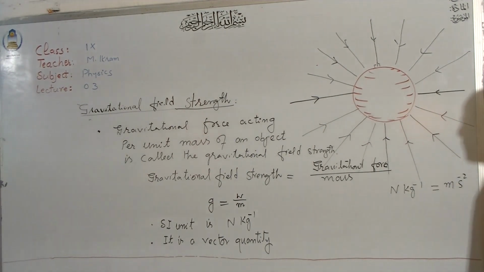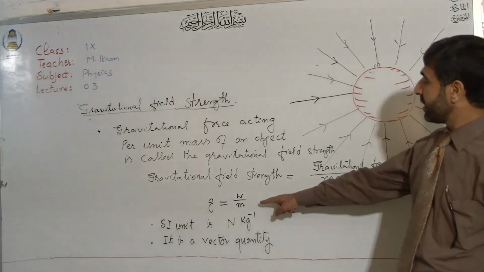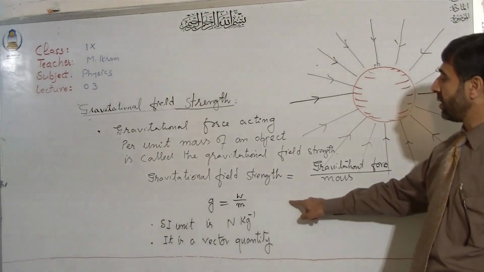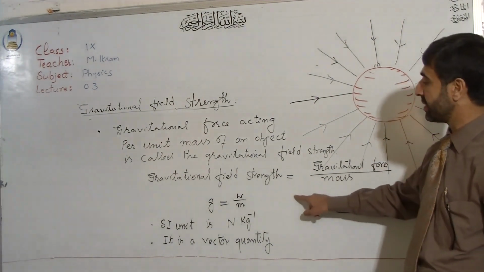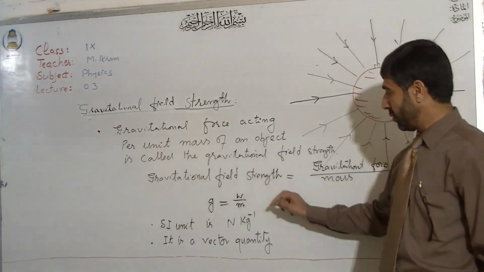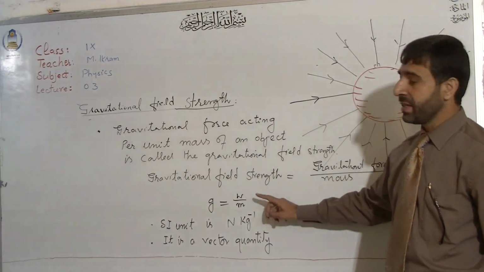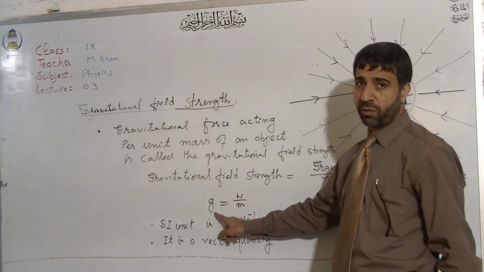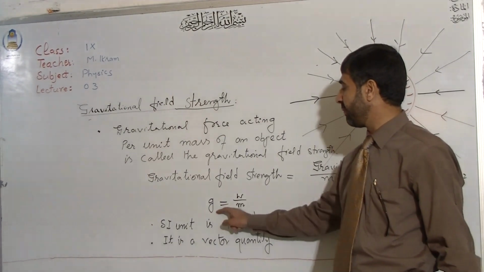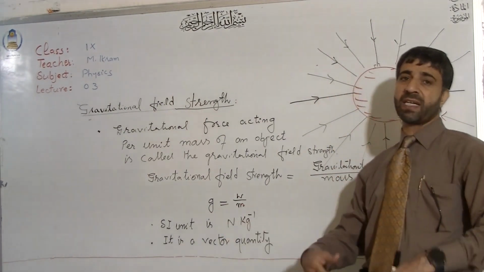Why? Because if you increase the mass of an object, the weight of the object increases, and you have the same g again. If you have a small mass, you have a small weight, and g is the same. So you see that g does not depend on the mass of the object.